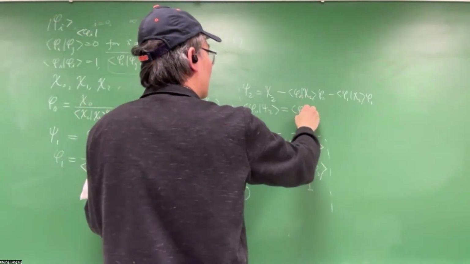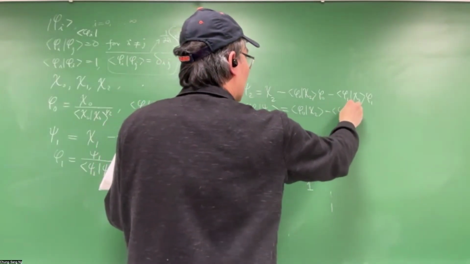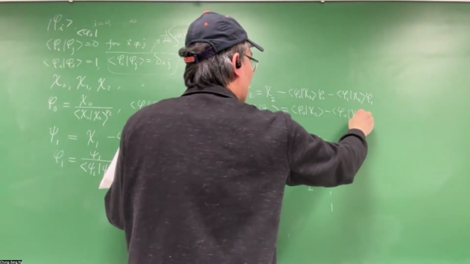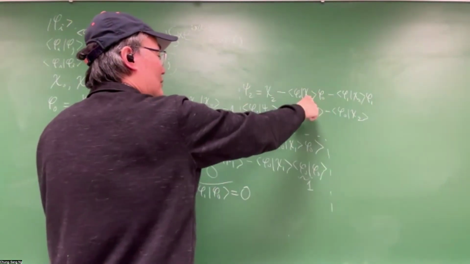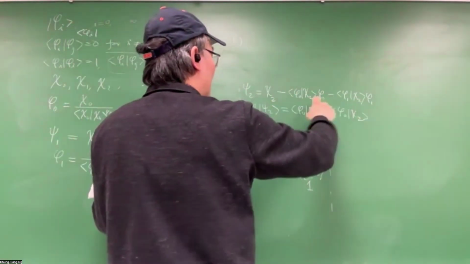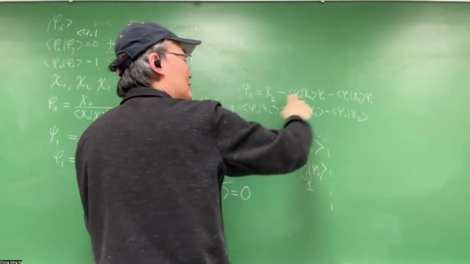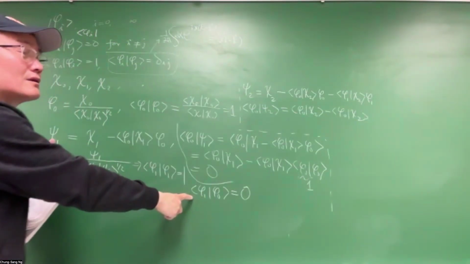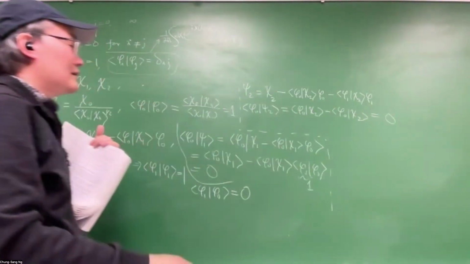So phi 0 chi 2 minus phi 0 chi 2, and the scalar product of this and that is just 1, and then the last term is the scalar product. This coefficient is the scalar product of phi 0 and phi 1, which is 0, right? So you only have 2 terms, and that is also 0, right?